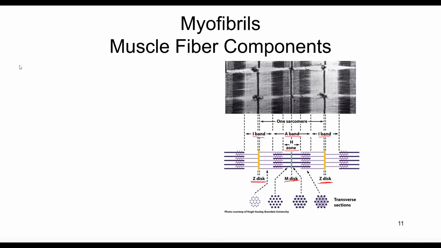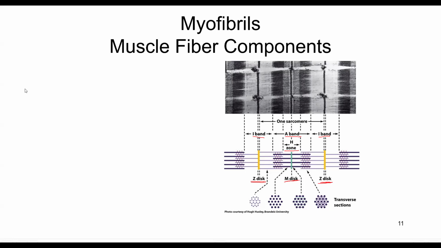I think these are helpful to work your way out. M disc is in the middle. The H zone overlaps the M disc. The A band overlaps the H zone and the M disc. Your I bands are on the periphery, and those overlap your Z discs.